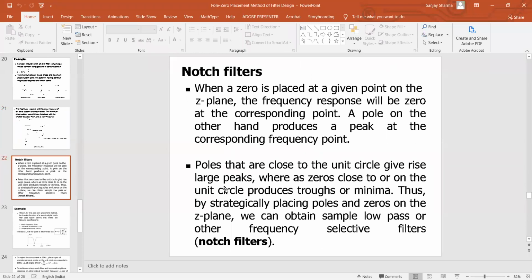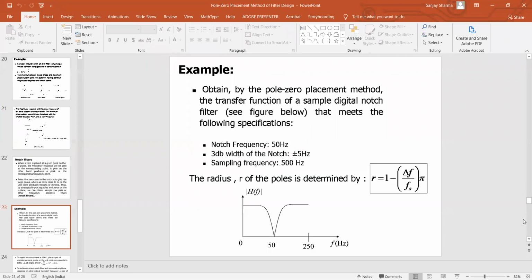That's what I'm trying to say. Poles that are close to the unit circle give rise to larger peaks, whereas zeros close to or on the unit circle produce troughs or minima. Thus, by strategically placing poles and zeros on the Z plane, we can obtain simple low pass or other frequency selective filters, which are basically notch filters. All right. Now, let us take this example.